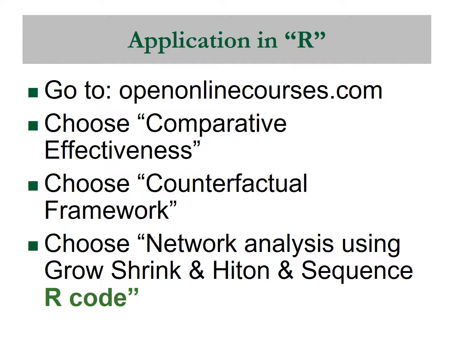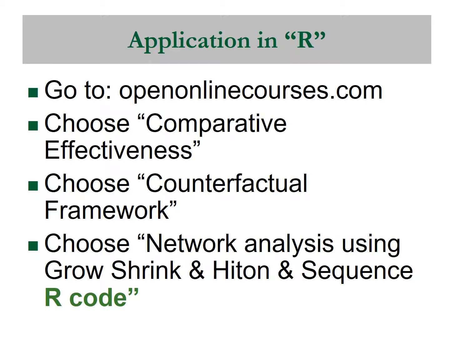Now we are moving on to the application side. I'm assuming that you have R on your computer. If you do not have it, please pause here and go ahead and install the free version of R. It's easy to install.